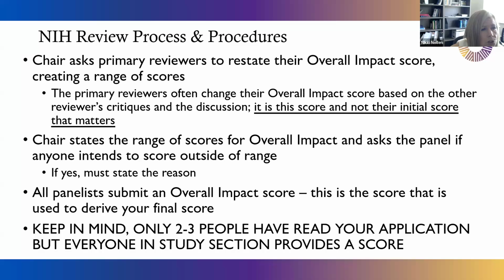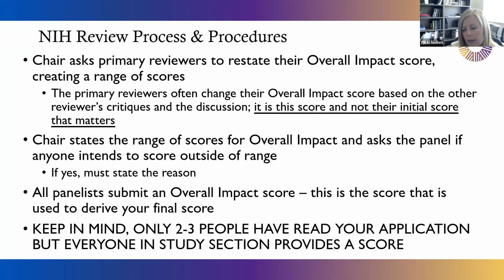Okay, so then the chair asks the primary reviewers to restate their overall impact score. So this then creates a range of scores. Based on the other primary reviewers and the discussion, this is where scores can often change. They might change their score, and it is that score, not the initial score, that matters.